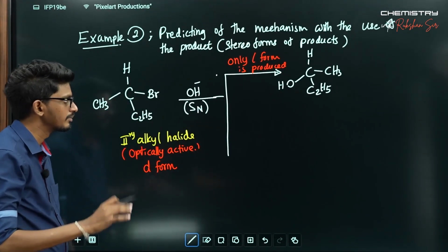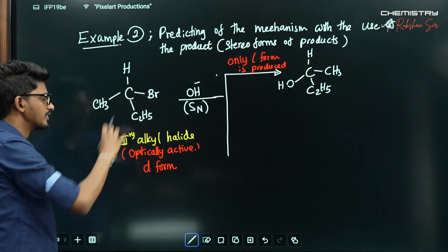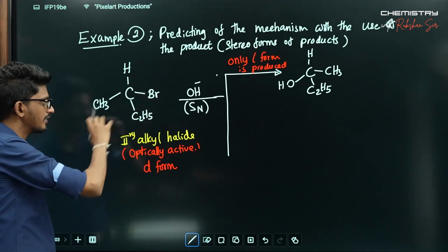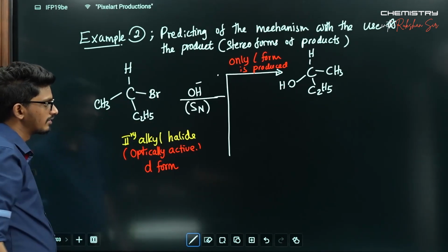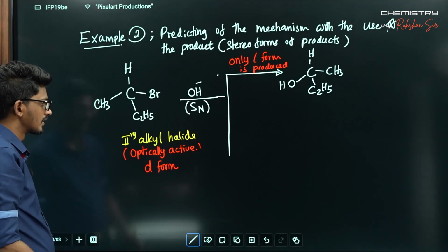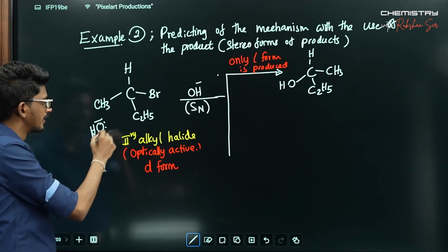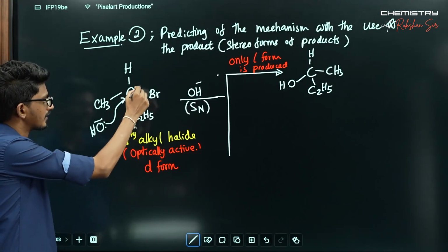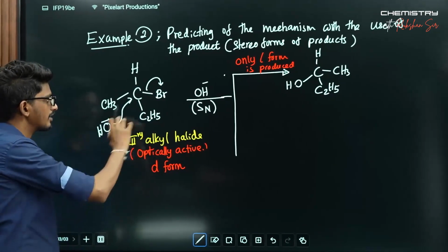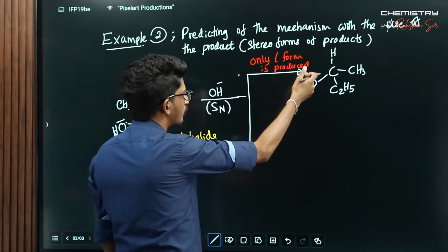What we have learned with the one-step mechanism is that the nucleophile will attack from the other side of the Br, not from the Br-containing side. For the one-step mechanism, the nucleophile will attack from the opposite side of the Br. So definitely you will come up with the other form.